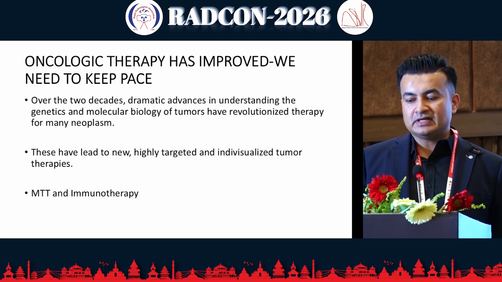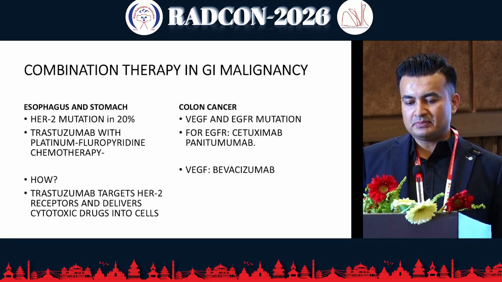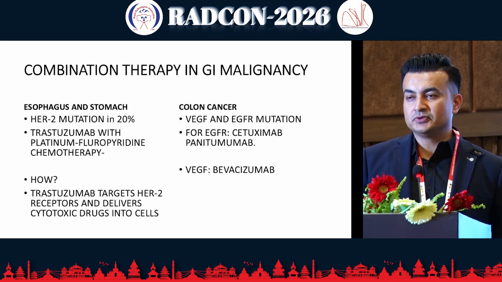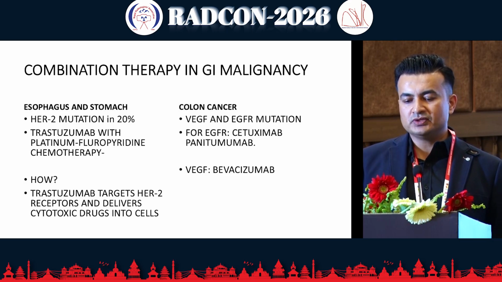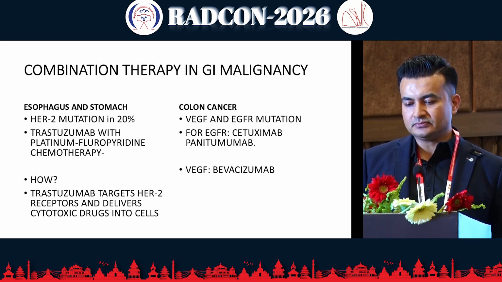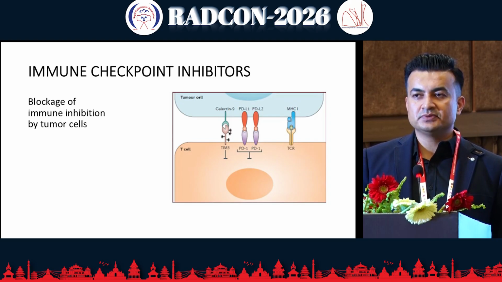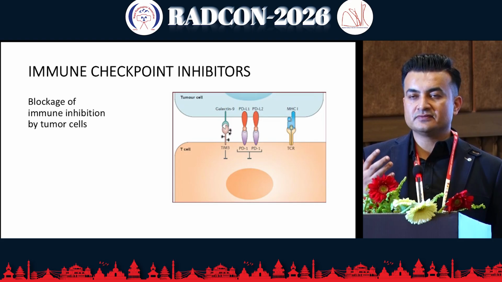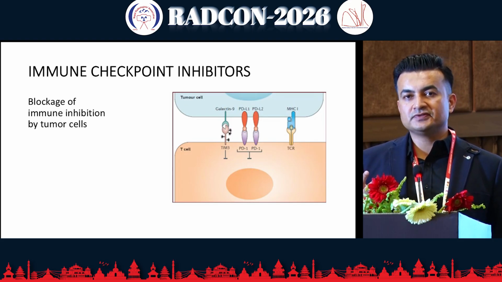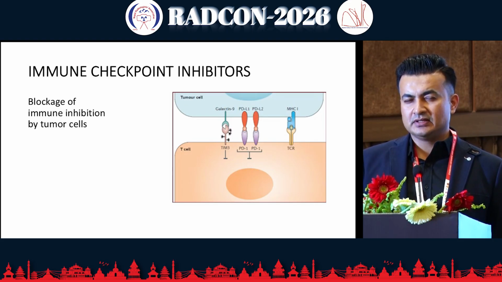Now, over time, as improvements have come with targeted and immunotherapies, we look at the mutations in the lesion. There are Herceptin (HER2) mutations, there are EGFR mutations, VEGF mutations. So we come up with monoclonal antibodies, and these include immune checkpoint inhibitors. Initially, tumor cells used to inhibit the response of T cells and B cells, so the production of T cells and B cells used to be less.